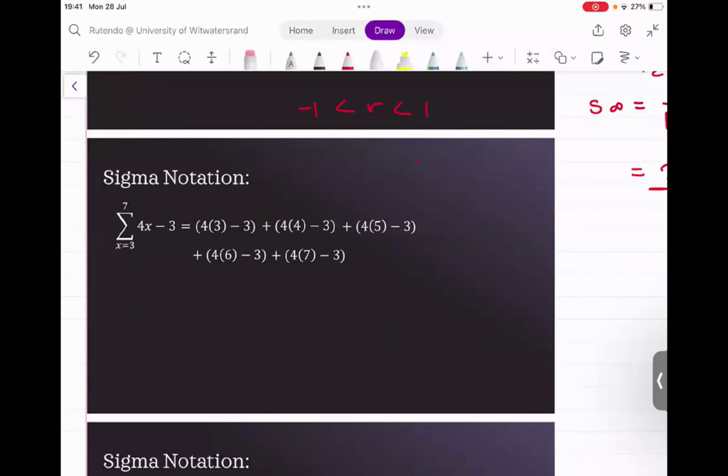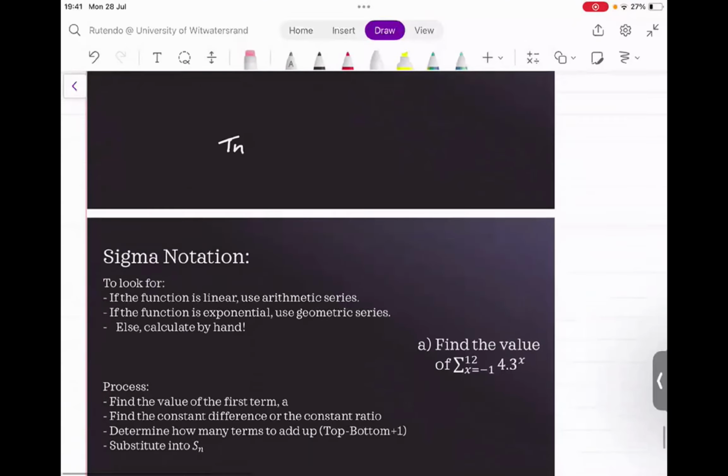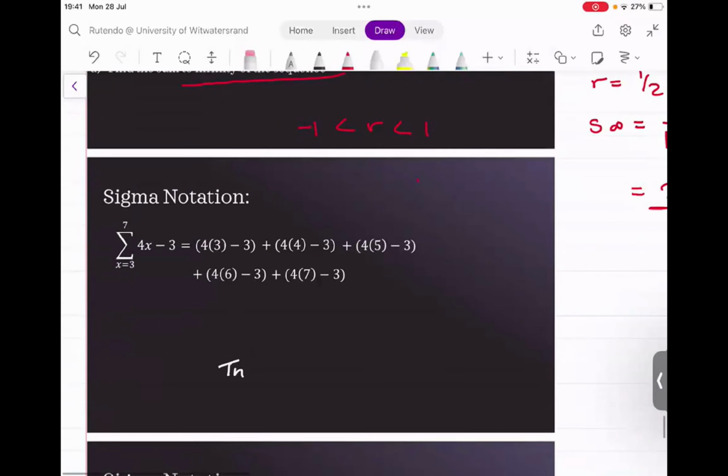With sigma notation, you'll have your number pattern, and you can always find your nth term for your number pattern. We'll look at a way to calculate sigmas. They'll give you 2, 4, 6, 8, and they'll say, write this in sigma notation. What you need to do is first find your Tn for this series.